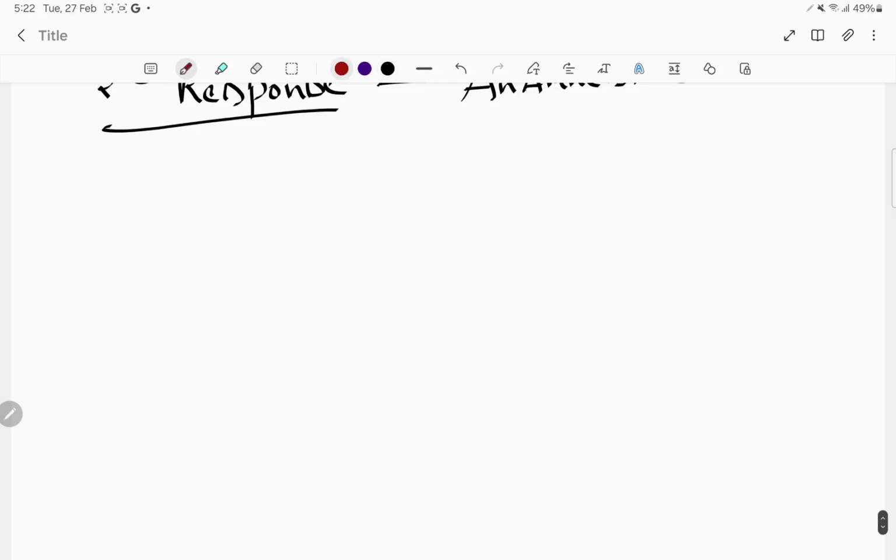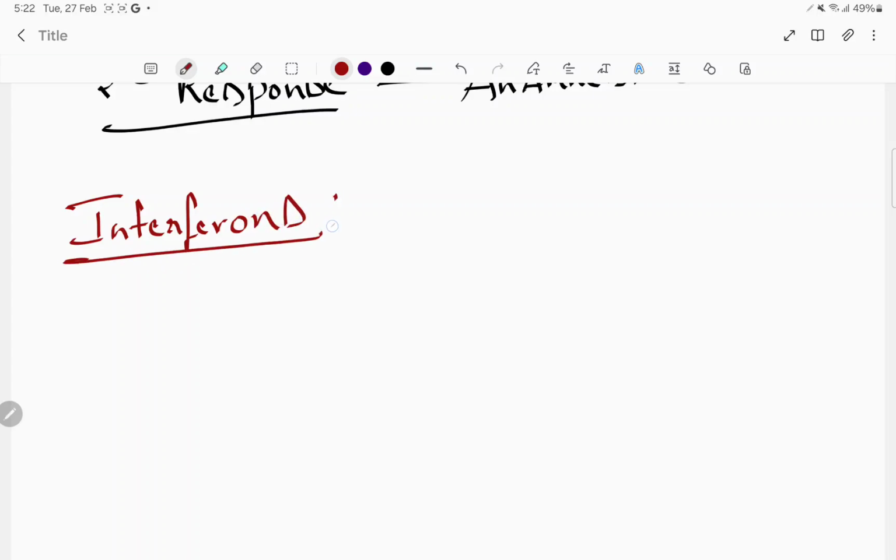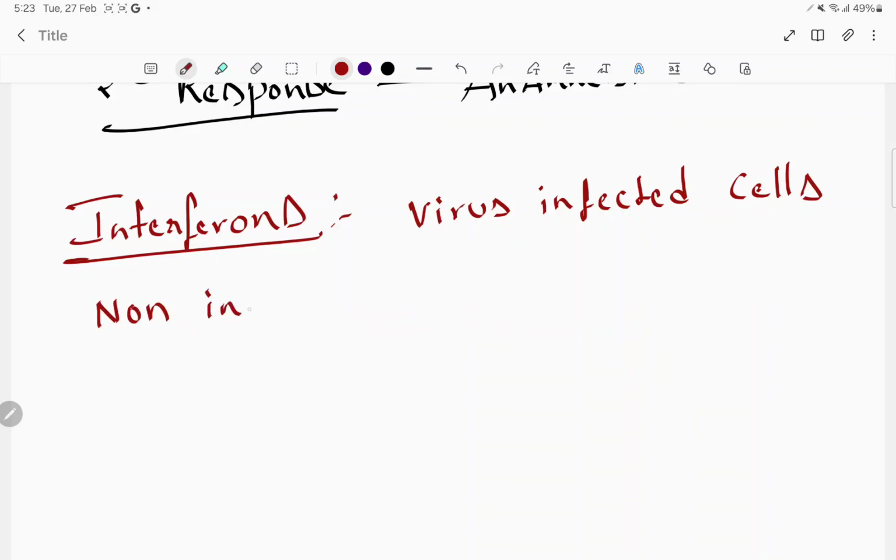Next one, interferons. These are the proteins which are released by virus infected cells and protect non-infected cells.